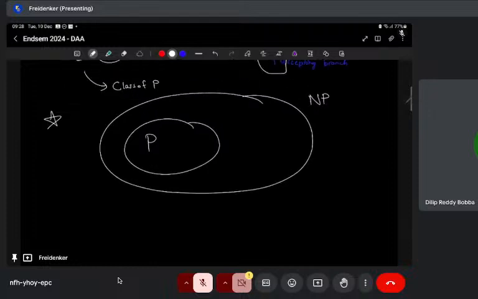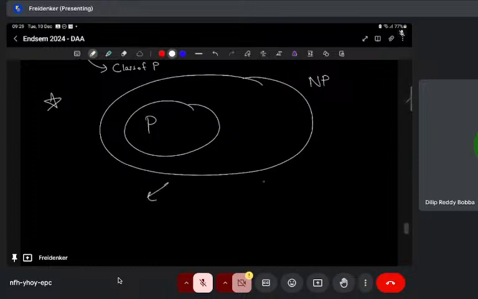But now the next question is, is there any problem that is outside P but still in NP? If you're able to find this, it means P is not equal to NP and P is a subset of NP. If you can prove that no such element exists, in that case, so I'll write two cases.